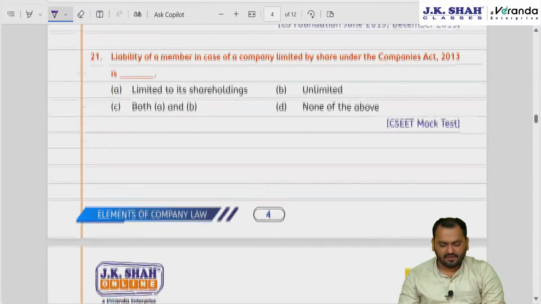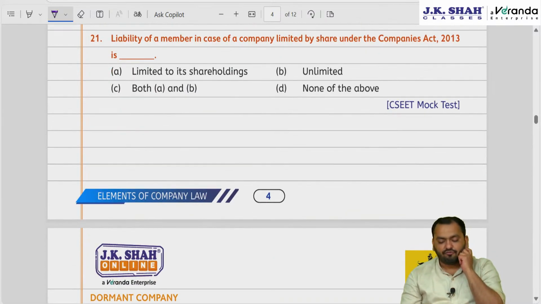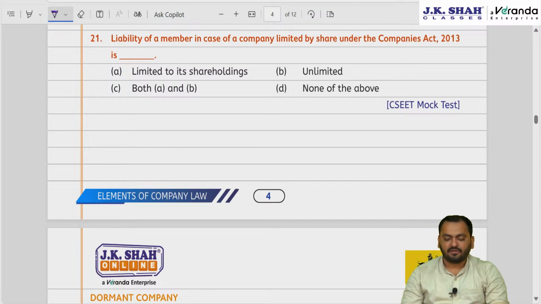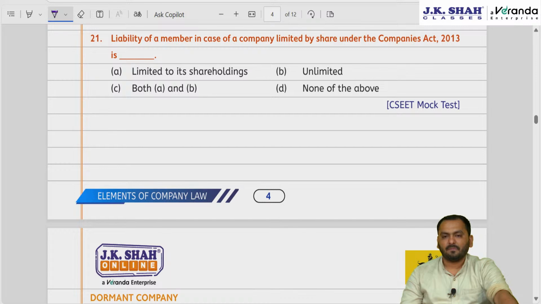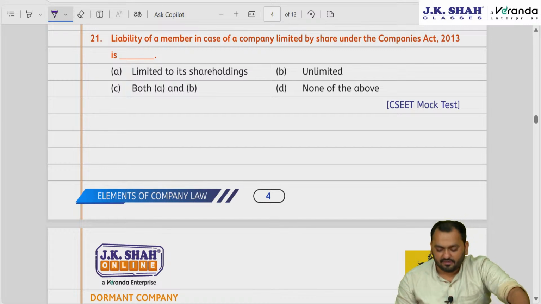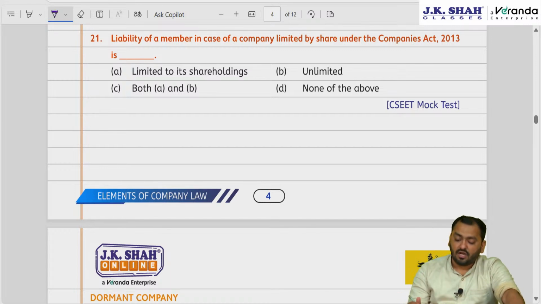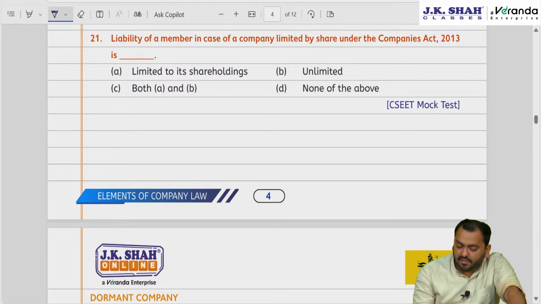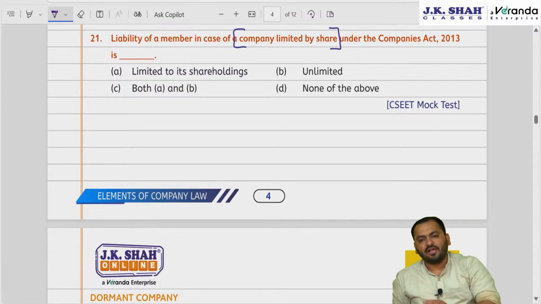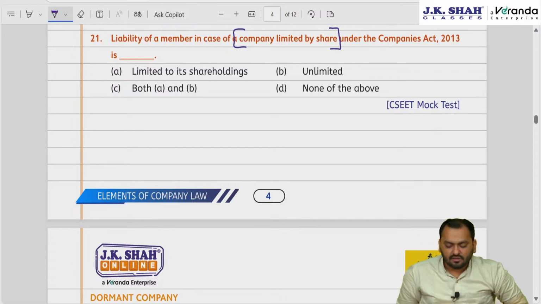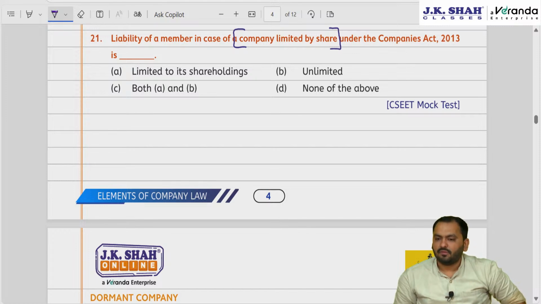Okay, yes. Next: the liability of a member in the case of a company limited by shares under the Companies Act 2013 is dash. Come on, what do you think? What is the liability of the members in the case of a company limited by shares? Friends, when it is a company limited by shares, obviously the members' liability is going to be limited.